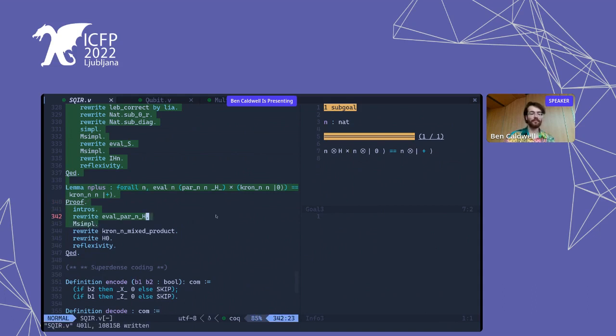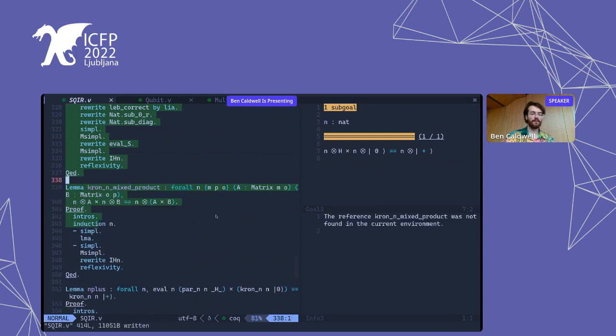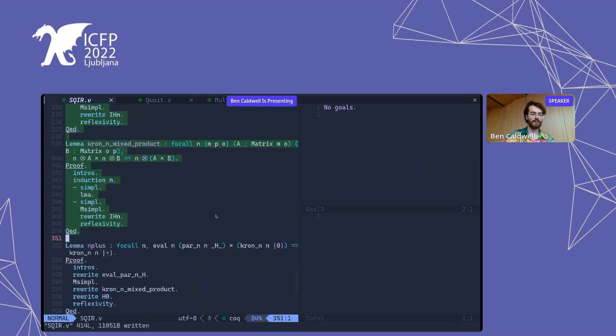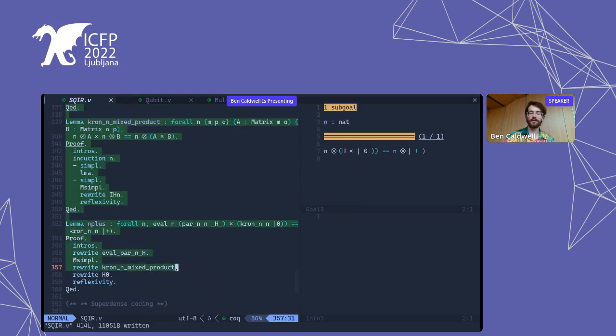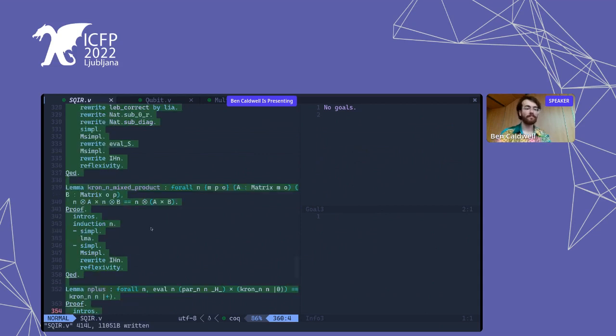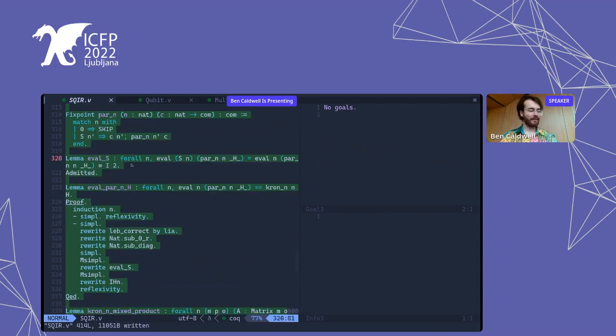And then we can rewrite this mixed product. And now we can actually do a rewrite inside of this n Kron. Here, we know how H operates in the zero state, and so we can finish the proof. Yes, so we can take a minute and actually look at why this is so difficult.